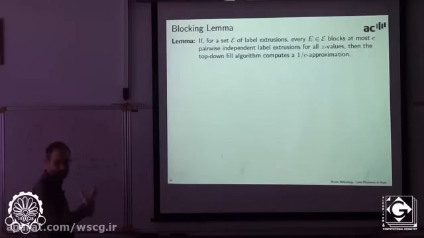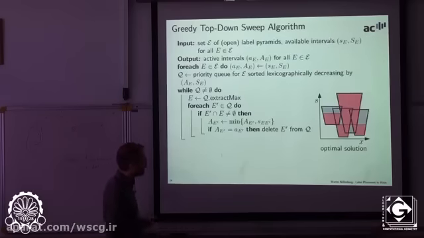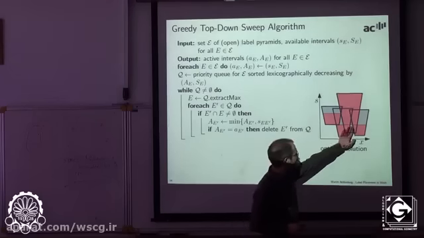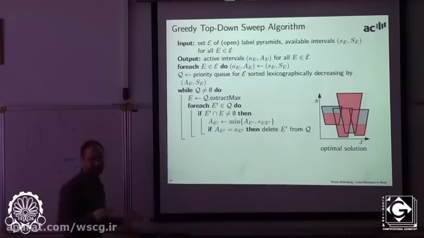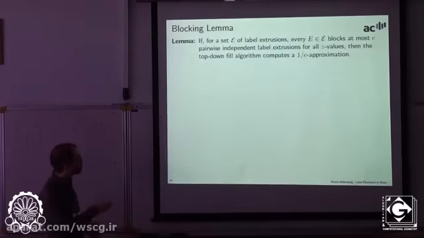Yeah, so when you select one, there's at most C independent that you could have chosen instead. Then the algorithm that we had seen here gives you a 1 over C approximation. Yeah, so if you think here, basically this one blocked two independent ones, so it could be a 1/2 approximation here. And if you have 3D shapes, then we need to find out what is this value C. But if this is true, this blocking lemma, it immediately gives us the approximation factor.